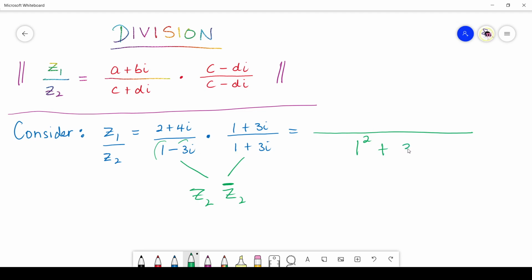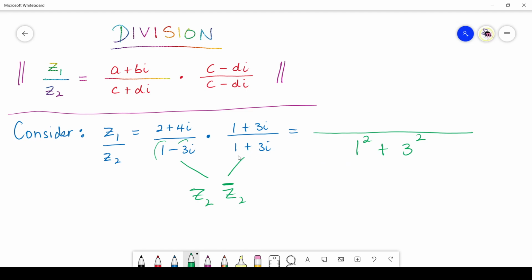So that's 3 squared, and boom, you're done. Now you know why we did what we did previously. It helps you avoid having to expand a full FOIL method for multiplying these two complex numbers on the denominator. So things just got really nice, quick and easy.